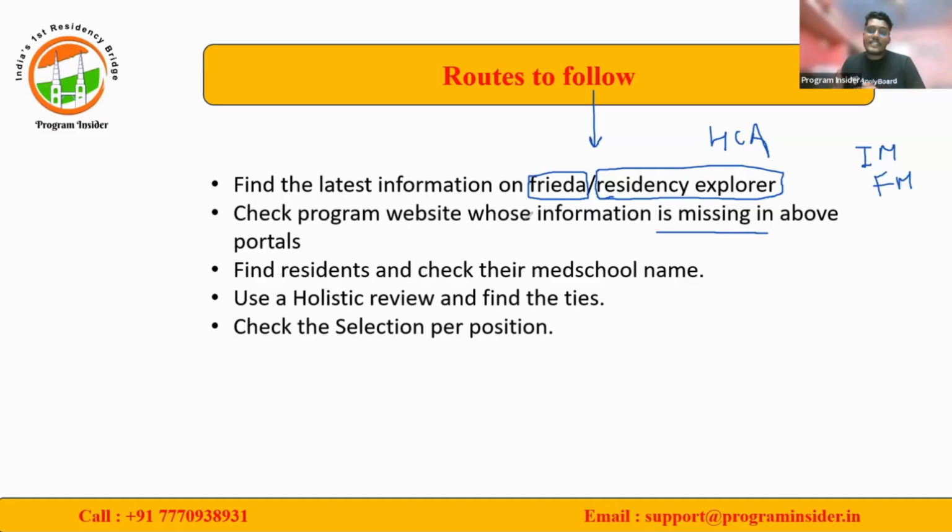So the second step, apart from the HCA campuses, concerns that 30% scope of entry I don't have. Let's say I shortlisted 300 IM programs as per FREIDA, but 120 or 130 programs are still available that I can check through their websites.